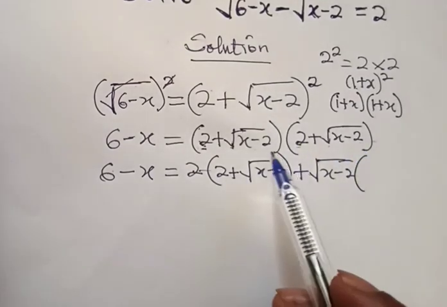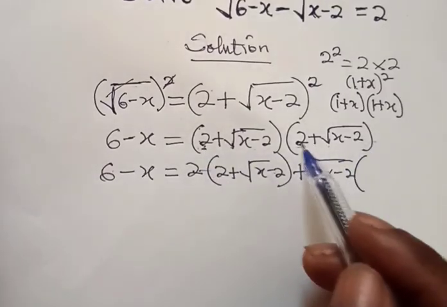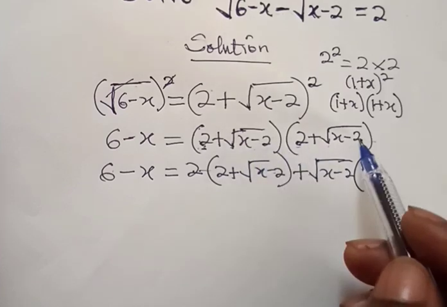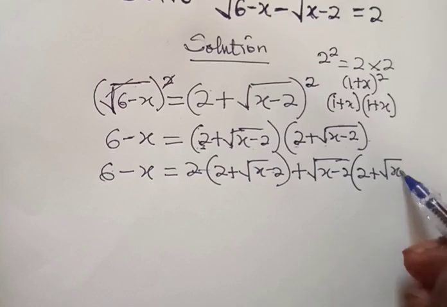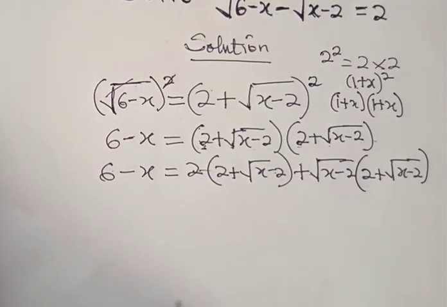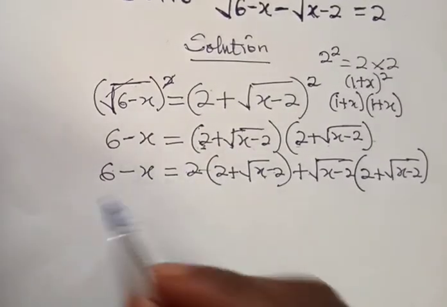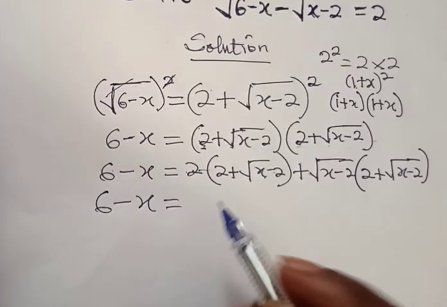Remember what we did in the algebraic expression? You take the first term, multiply by the entire term. You take the second term, multiply by the entire term. So that is what we are doing. All right, great, very simple. So it means that we are going to multiply this by this, this by this. As for here, we maintain it as it is.